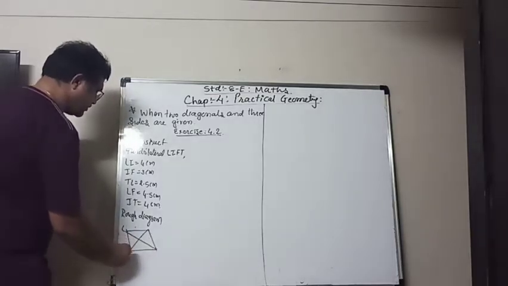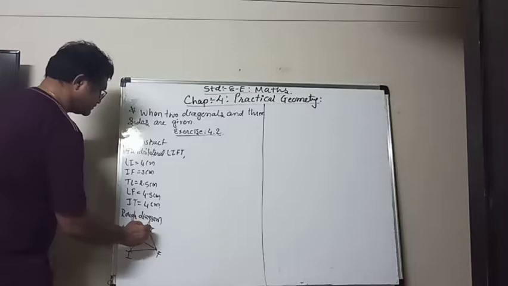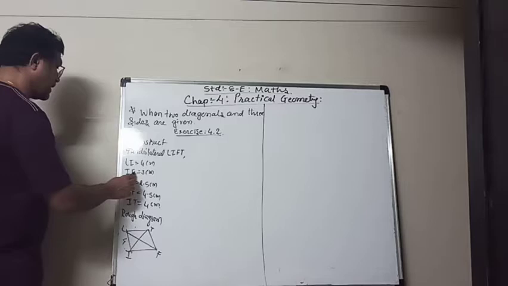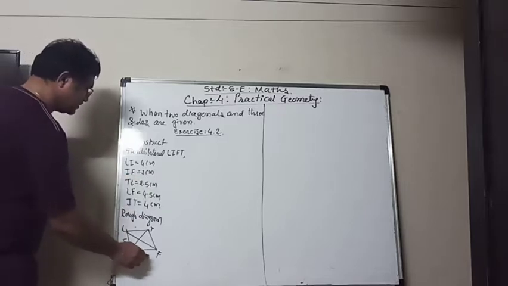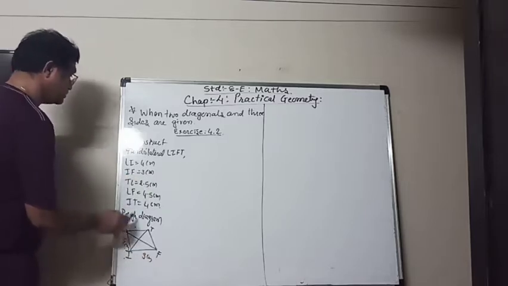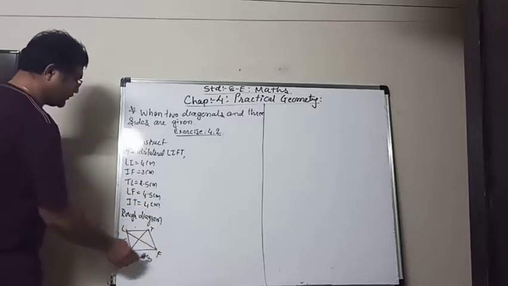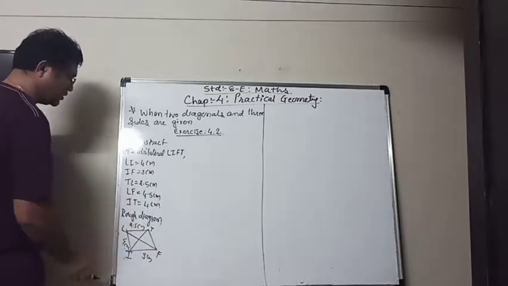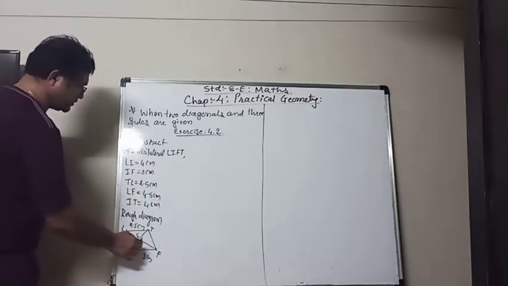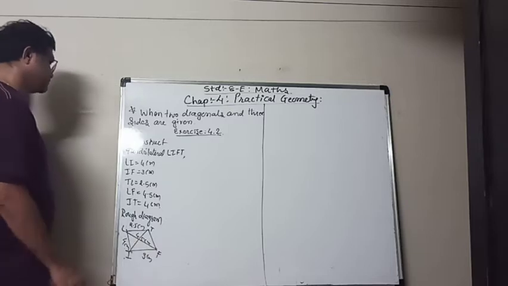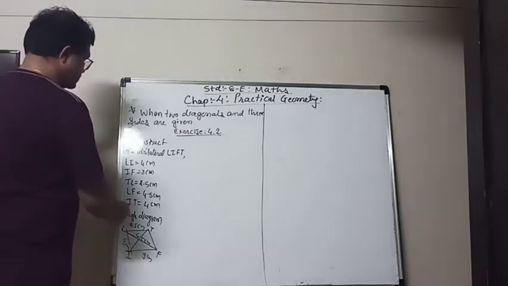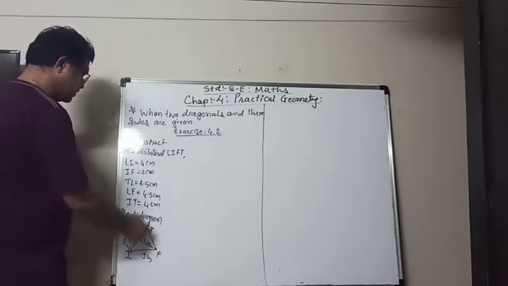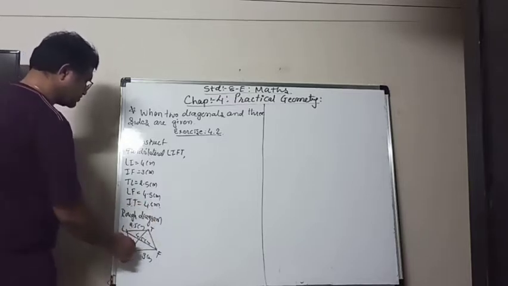So we write down LIFT, LI 4 centimeter, IF 3 centimeter, TL 2.5, LF means 4.5 centimeter, and IT means the second diagonal is 4 centimeter.